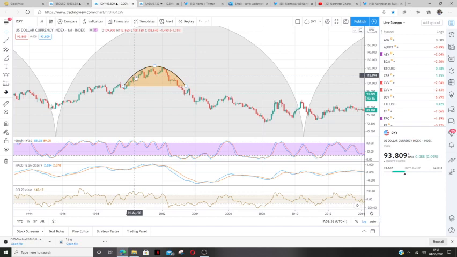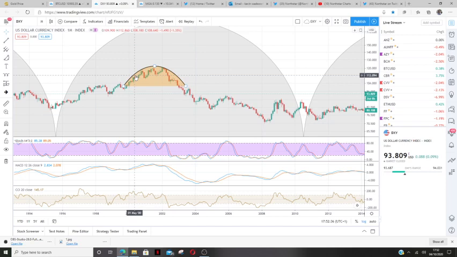But what that says to me is that the first cycle was pretty violent and rapid and extreme as a result of what had happened in the 1970s. So we went up from 80 or 90 on the dollar index to 160, a huge appreciation in the dollar index, and then a huge drop.